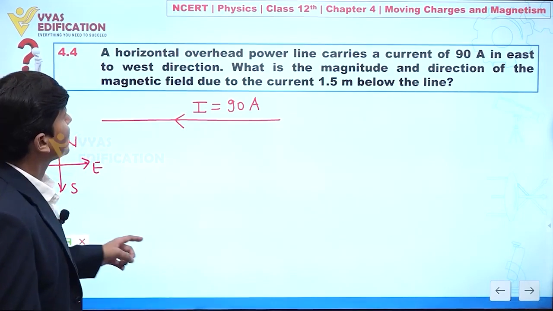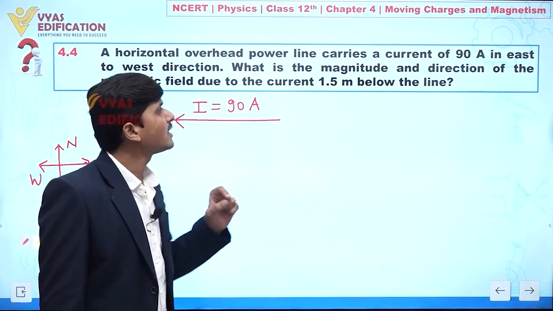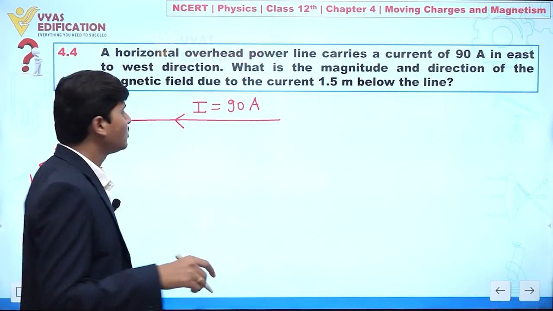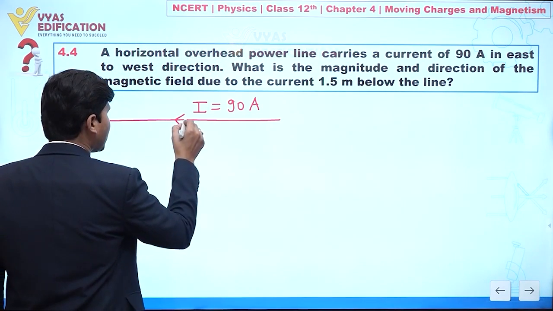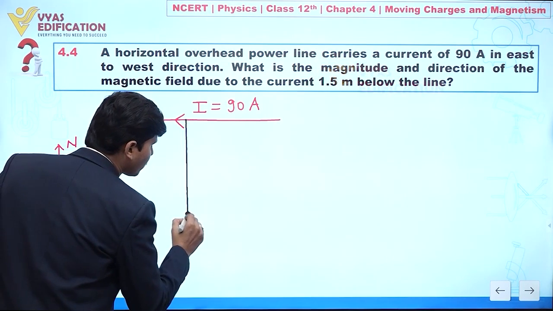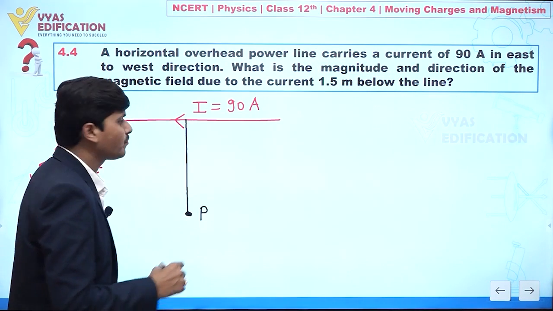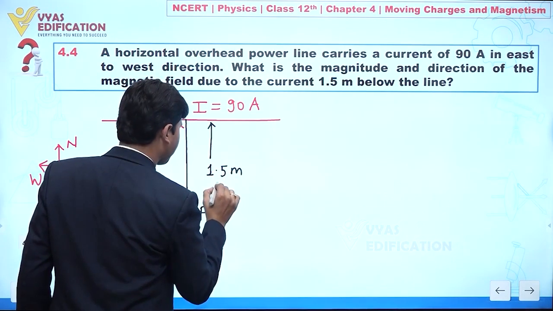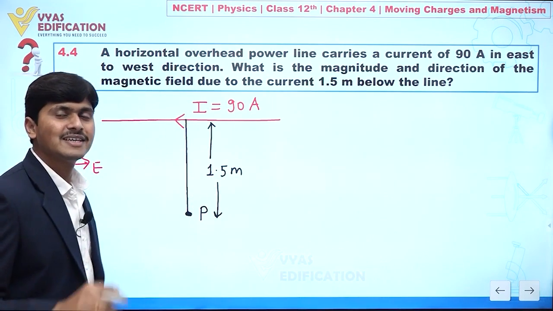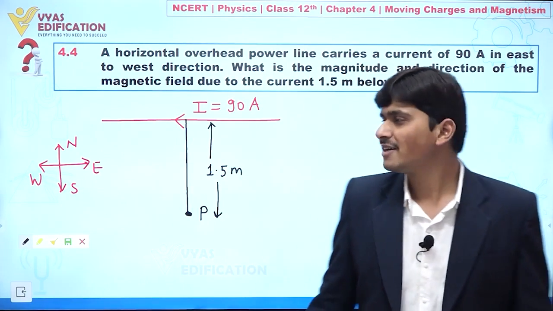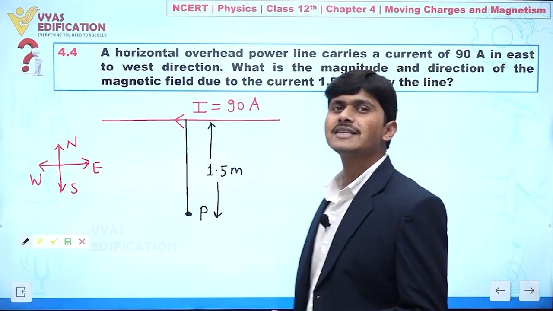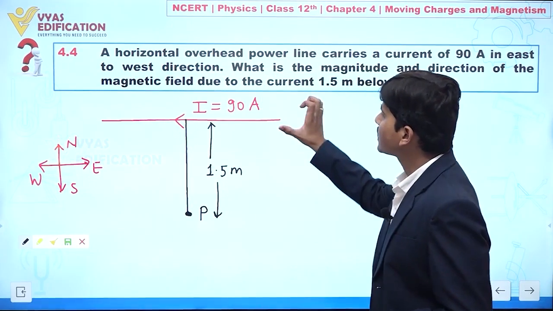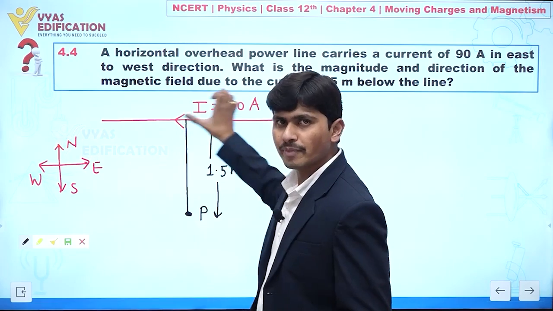Now what is the magnitude and direction of the magnetic field due to the current 1.5 meter below the line? Let's suppose I want to find the magnetic field at this point P, at a distance of 1.5 meter. First we find the direction of the magnetic field. The thumb indicates the direction of the current, and the curling fingers represent the direction of the magnetic field.